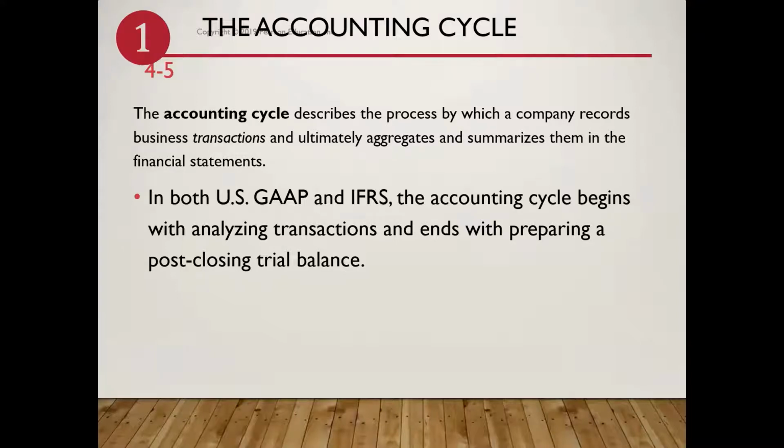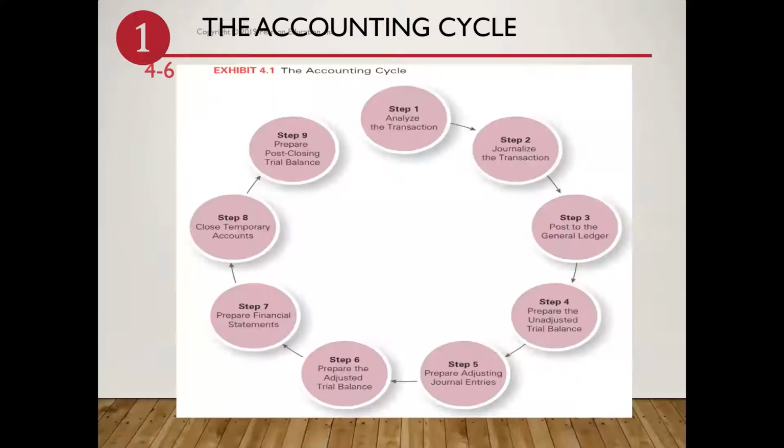In both the US GAAP and IFRS, the accounting cycle begins with analyzing transactions and ends with preparing a post-closing trial balance. As a roadmap for Chapter 4, here you'll see in Exhibit 4.1, it presents the accounting cycle.